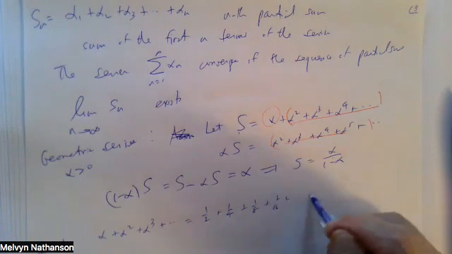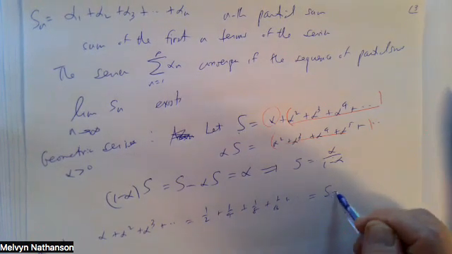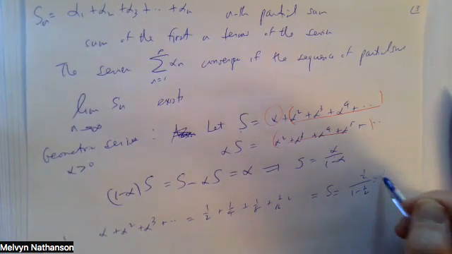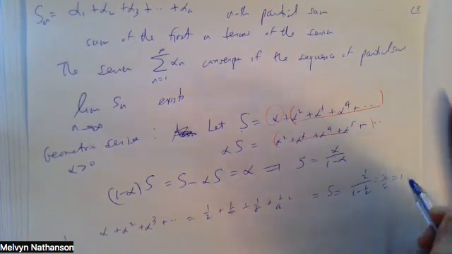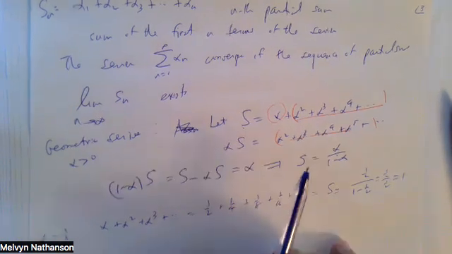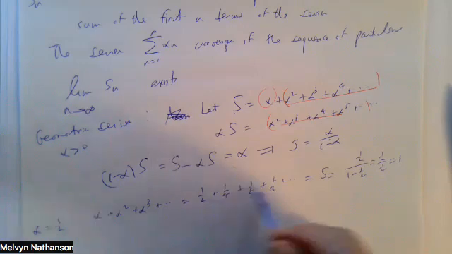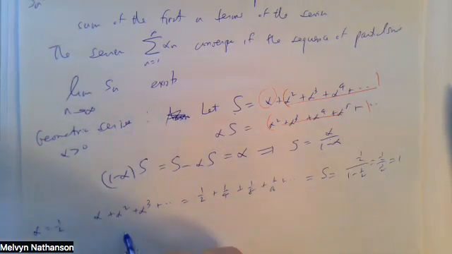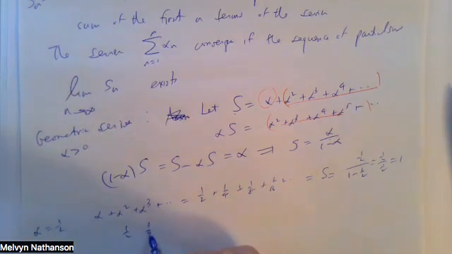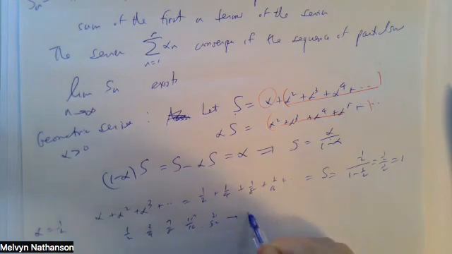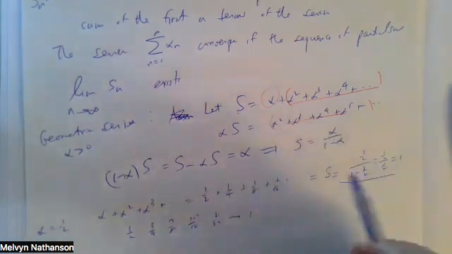When alpha is a half, the limit S is a half over 1 minus a half, which is a half over a half, is 1. Right? But that's just what you learned in maybe even pre-calculus, because when you add up these sums, you get a half, 3/4, 7/8, 15/16, 31 over 32. These are certainly approaching 1.